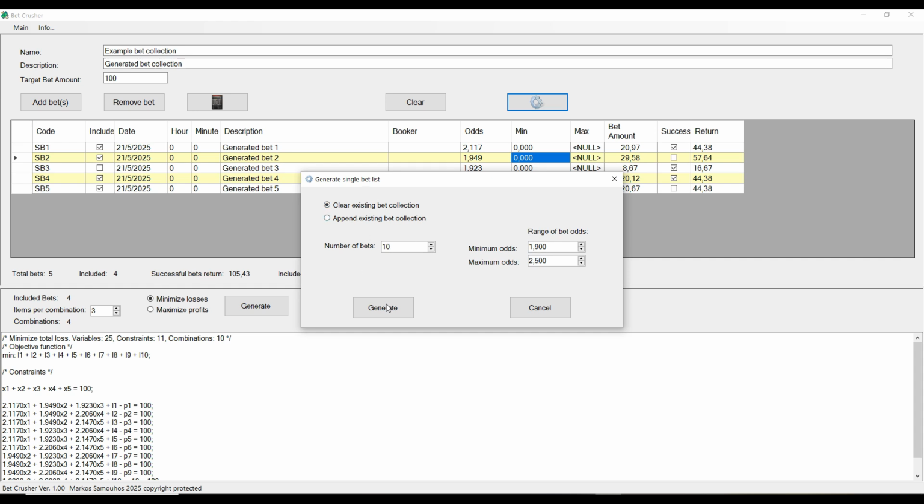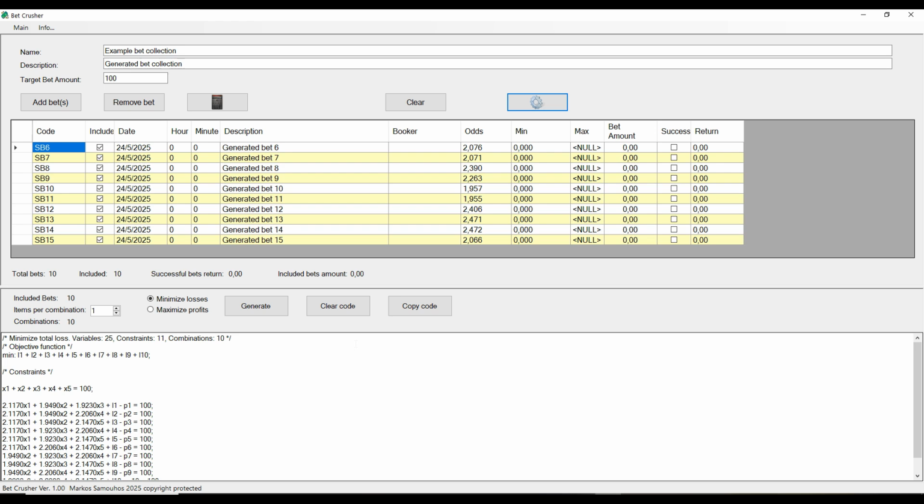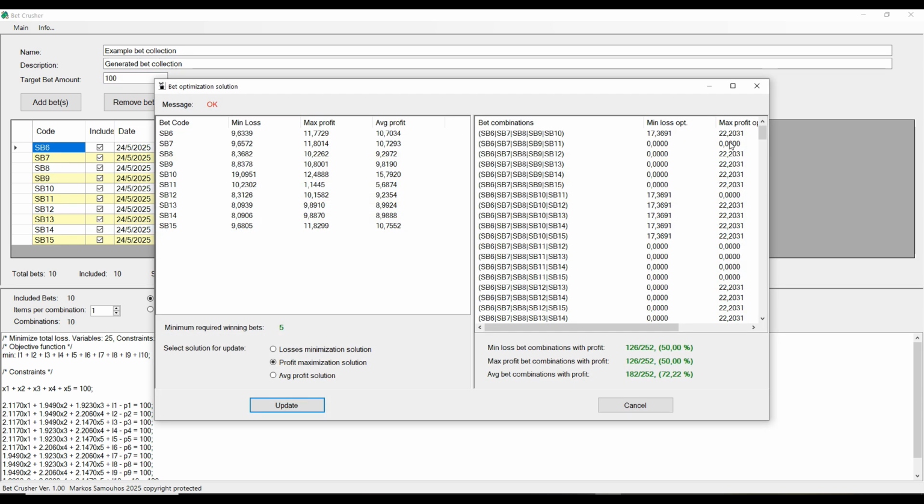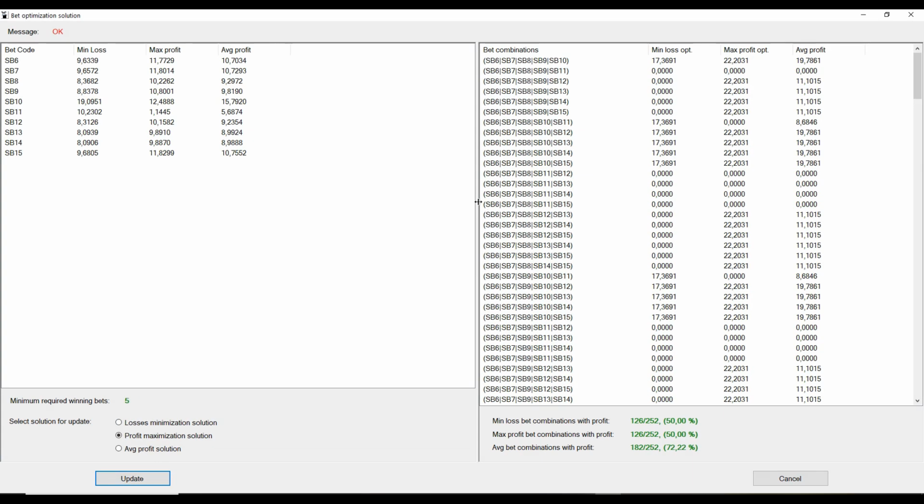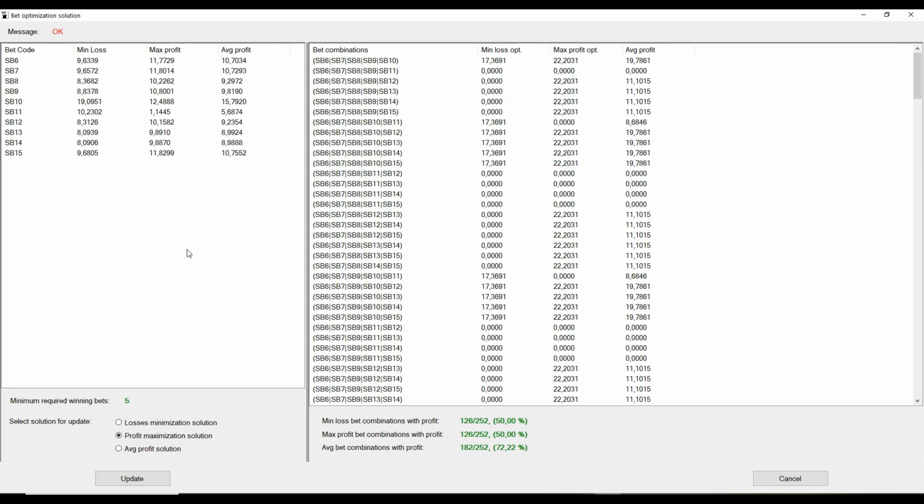Let's clear the existing collection and generate the problem. Our initial amount of units is 100 again. Let's solve the problem. This is the solution. We need to win 5 of those bets, in any combination, in order not to lose money.